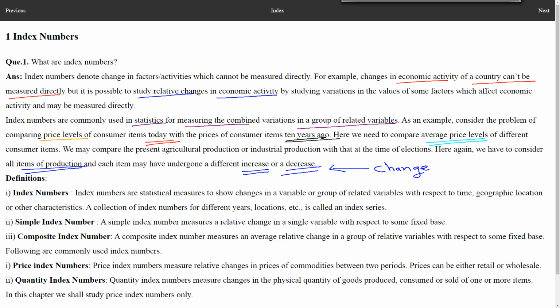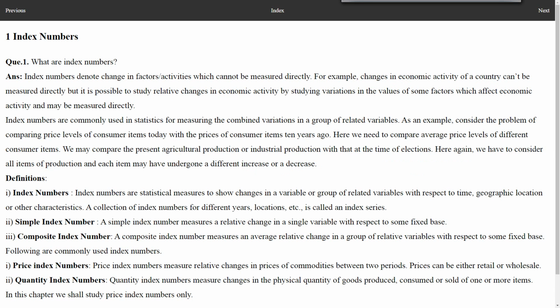Index numbers are statistical measures to show changes in a variable or a group of related variables with respect to time or geographic location, or other characteristics.